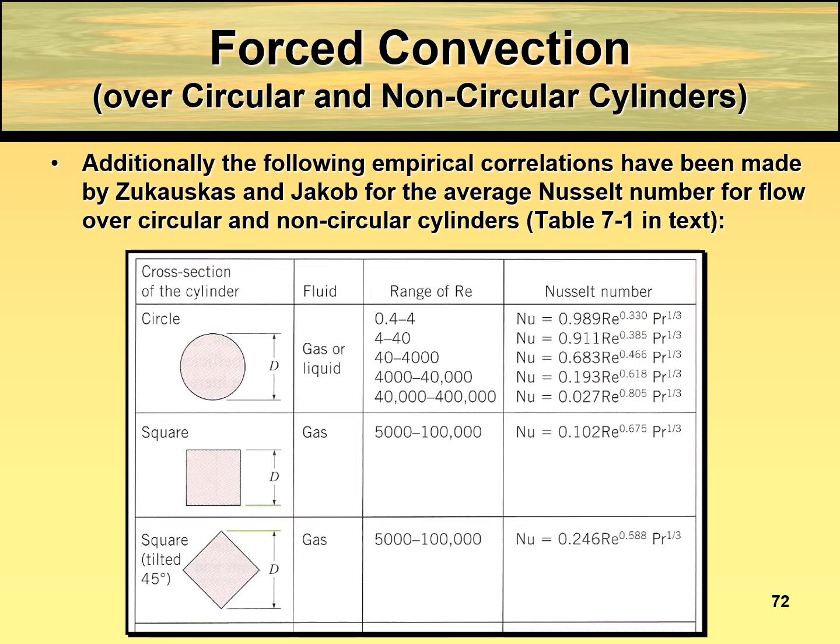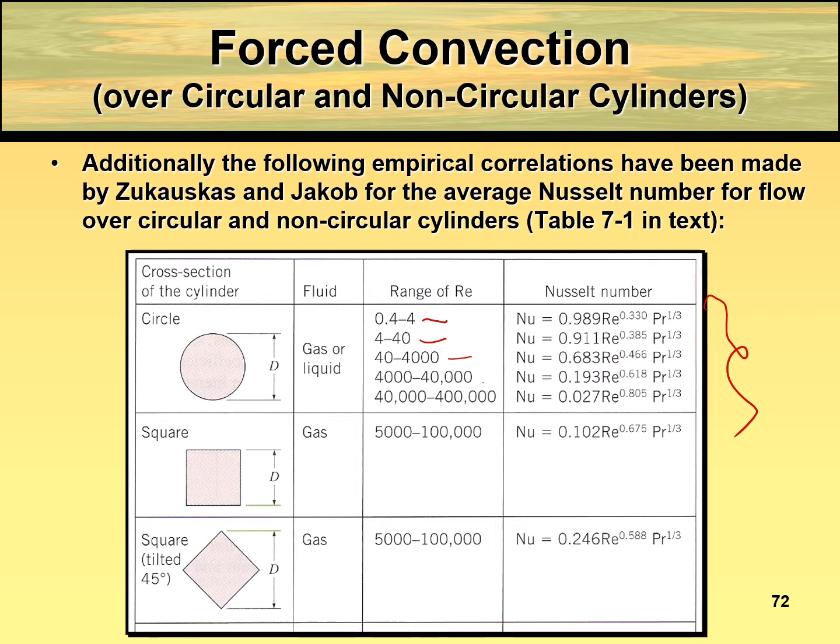Zhukauskas and Jakob did their experimentation later, after Churchill and Bernstein, and they improved a lot, where they did the segmentation in order to improve on the previous empirical correlation between the Nusselt number, Reynolds number, and Prandtl number. What they have done is put in a range of the Reynolds number in order to improve the correlations. This is made available in your textbook.